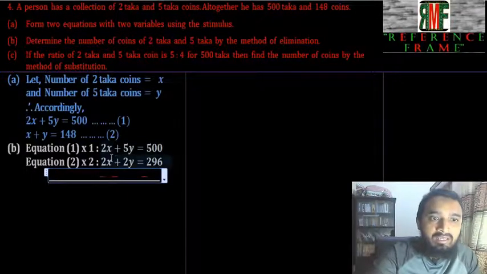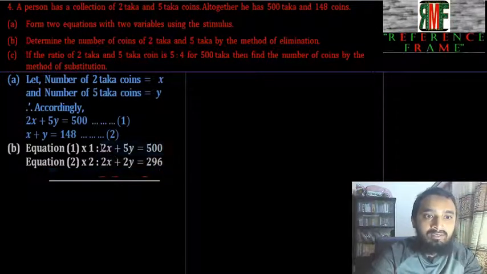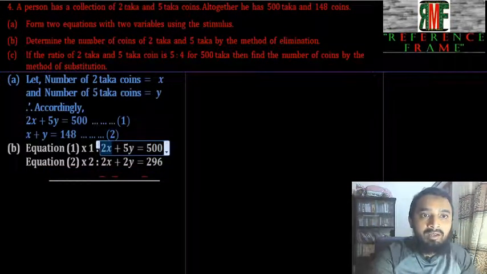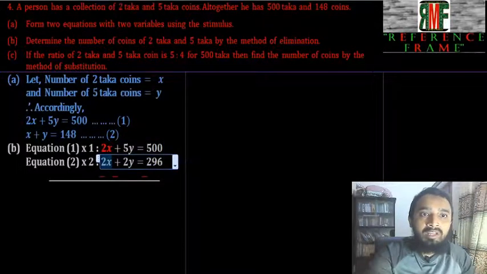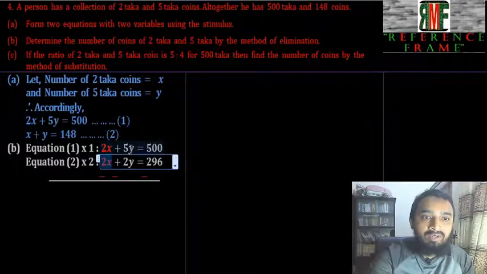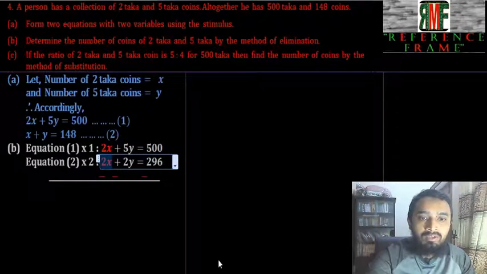As you can see here, the sign will be changed since we are doing minus. So here twice x, look, I'm marking it with red. Twice x and minus twice x will cancel each other. So finally what do we have on the left side? Thrice y, and on the right side 204.